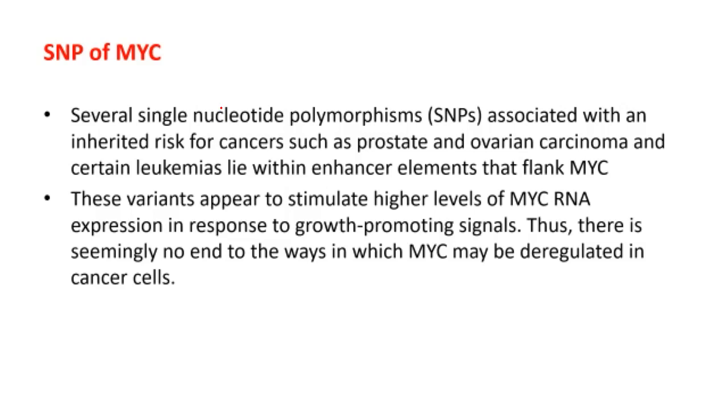But polymorphism, the same kind of DNA sequence is seen in the normal counterpart of the same individual, but it is not seen in the other individual. So polymorphism will give a selective advantage or in fact disadvantage to either develop cancer or to not develop cancer.